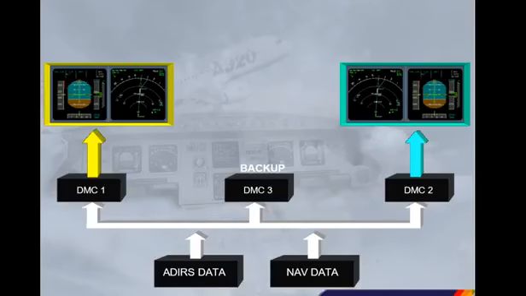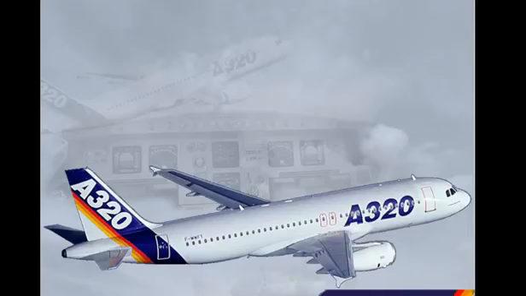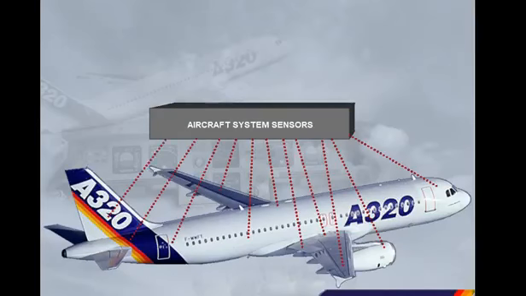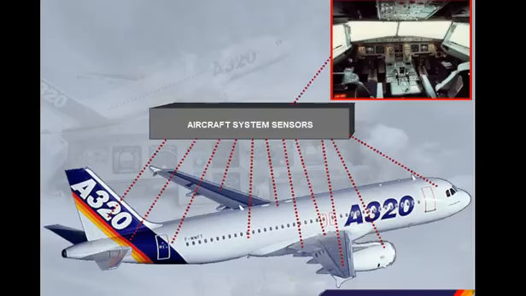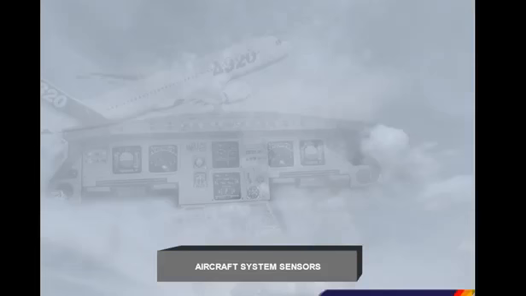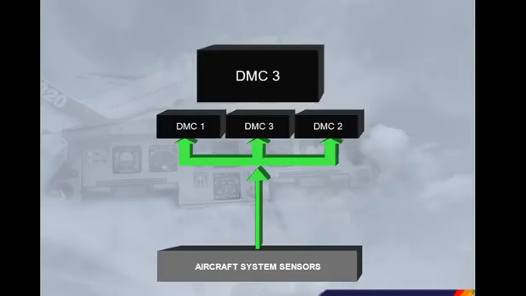Now let's look at the other EIS subsystem, ECAM, and how the ECAM displays get their data. Sensors are fitted throughout the aircraft to monitor the various systems, including system controls operated on the flight deck. Data for certain parameters, for example fuel quantity and primary engine indications, is routed directly from the system sensors to the three DMCs.